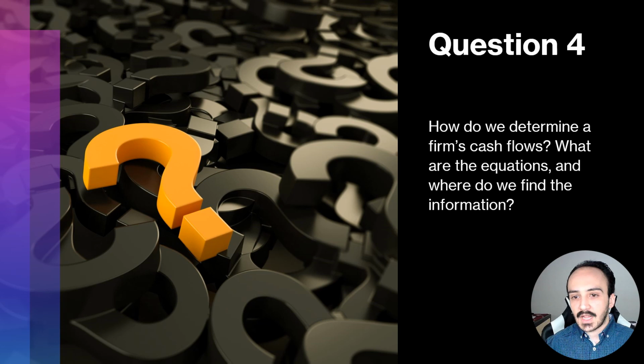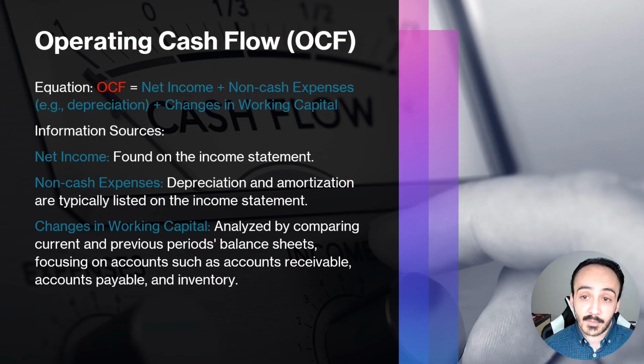The last question: how do we determine a firm's cash flow? What are the equations, and where do we find the information? Operating cash flow, OCF, equation: net income plus non-cash expenses, for example depreciation, plus changes in working capital.